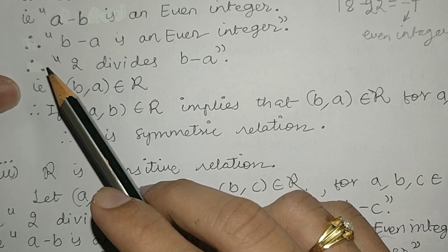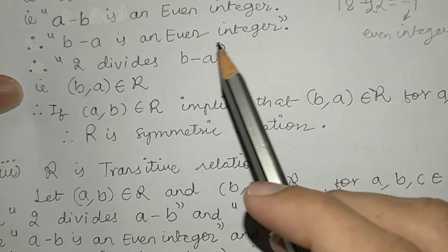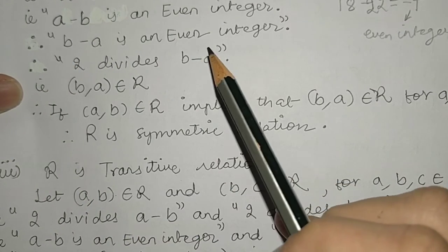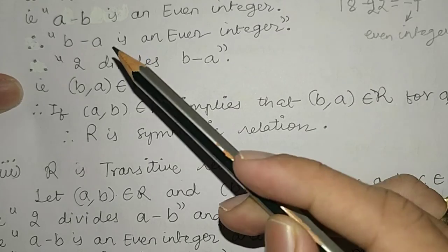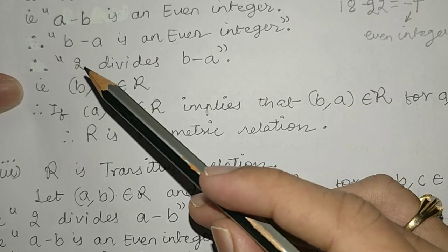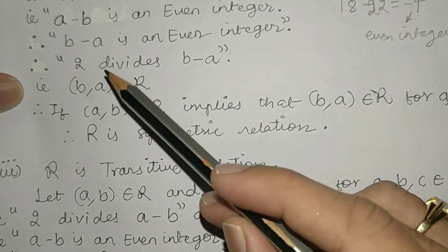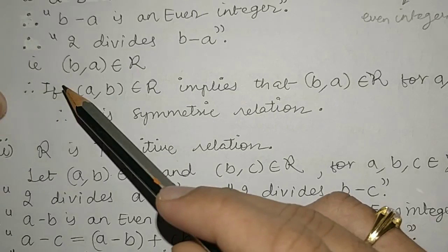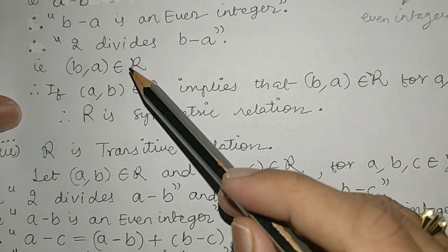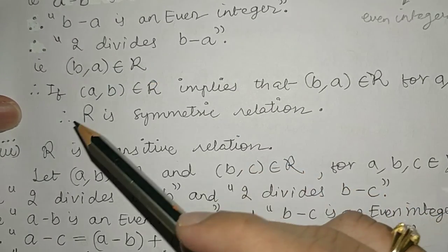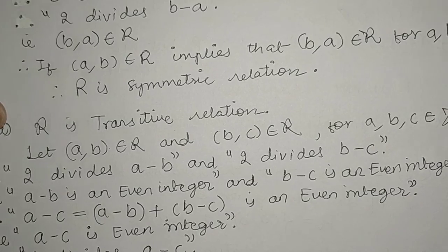So what you conclude? Since b minus a is an even integer, 2 divides b minus a. That is, b comma a belongs to the set R. So we got this.